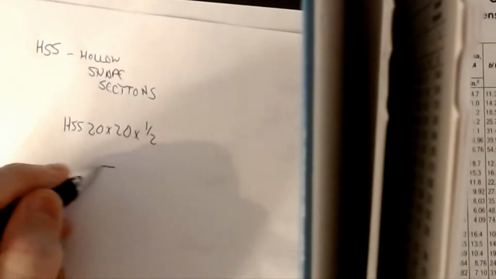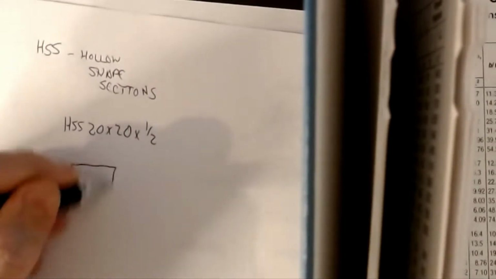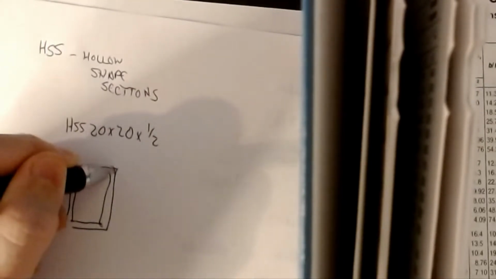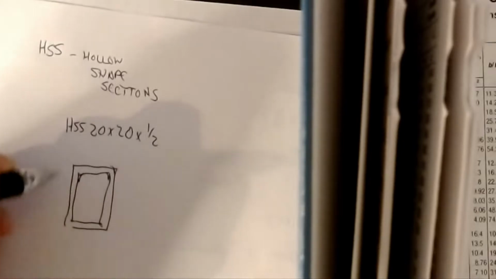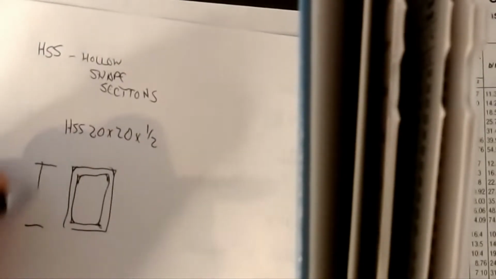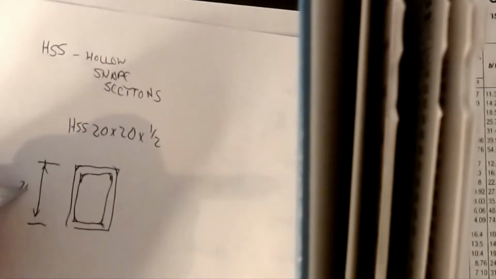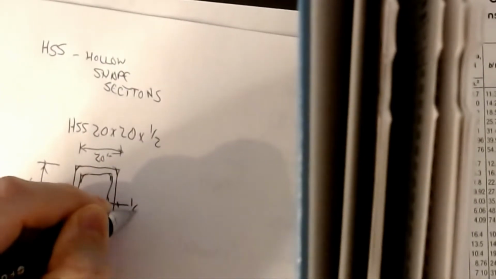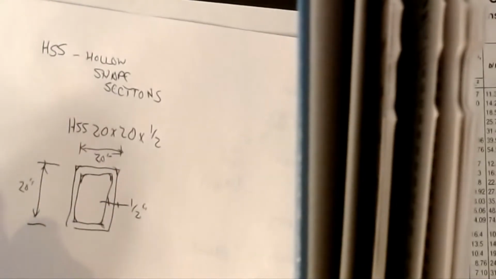What these HSS sections are is a rectangular tube type section. Again, we've got fillets on the corners, so it's not quite rectangular. They have some slightly rounded edges, and what they are is these dimensions: this would be 20 inches, this would be 20 inches, and then this would be a 1/2 inch wall thickness. That's the designation that you would see here.